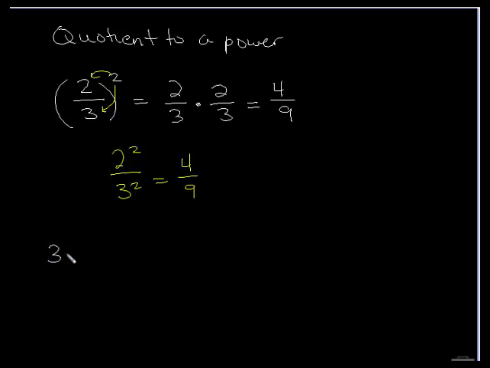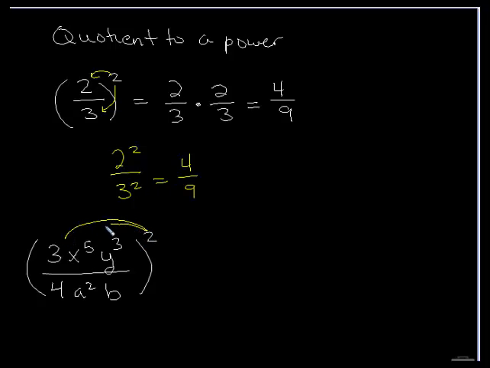So if we have some monomial that's being divided, such as 3x to the 5th, y to the 3rd divided by 4a squared b, and I raise that to the power of 2, I'm going to square the 3 and the x to the 5th and the y to the 3rd, and I'm going to square the 4 and the a squared and the b.